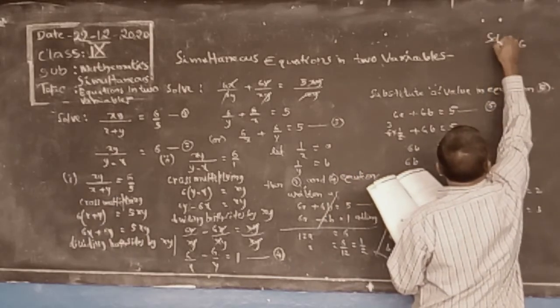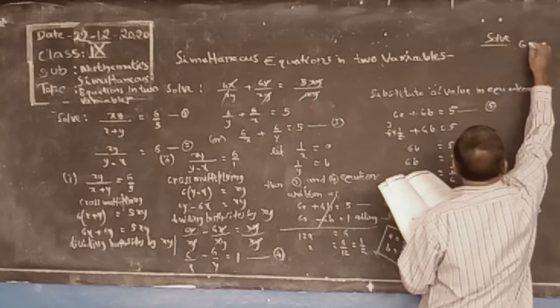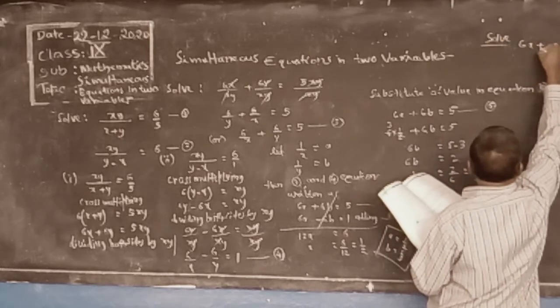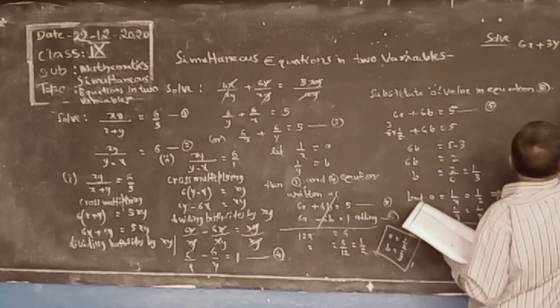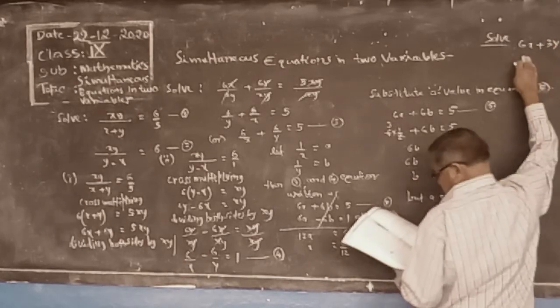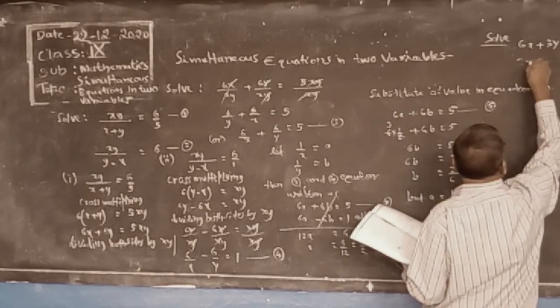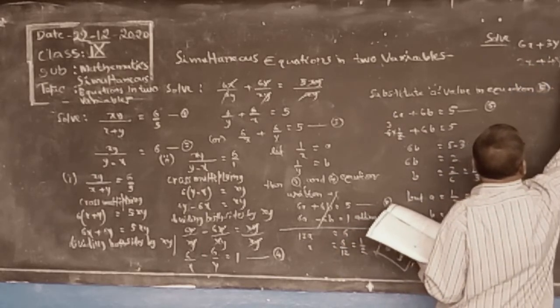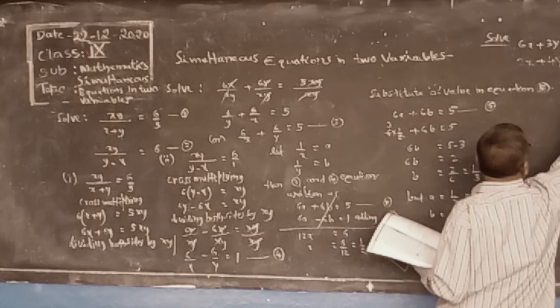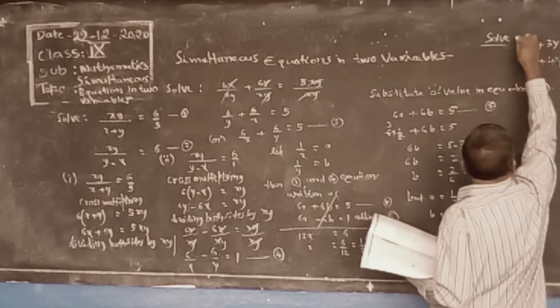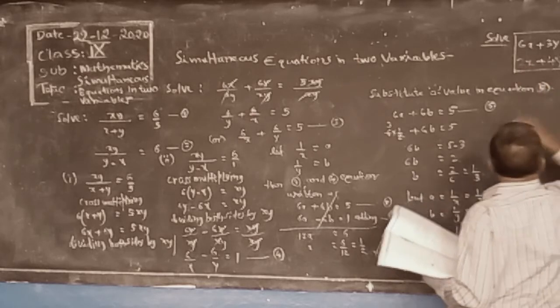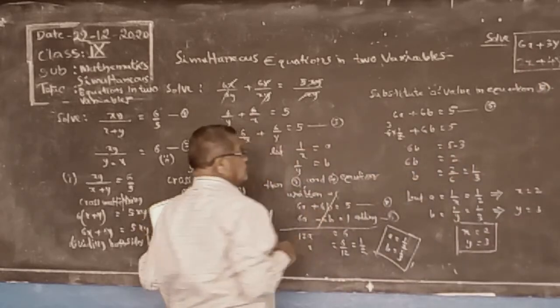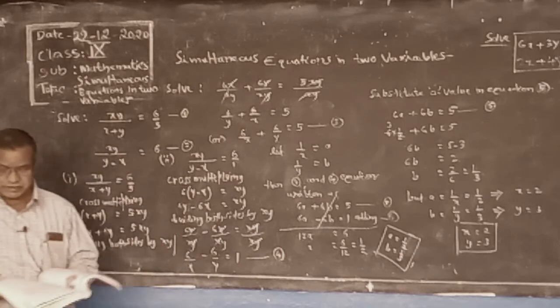Solve 6x plus 3y is equal to 6xy, and 2x plus 4y is equal to 5xy. Solve. This is for your practice.